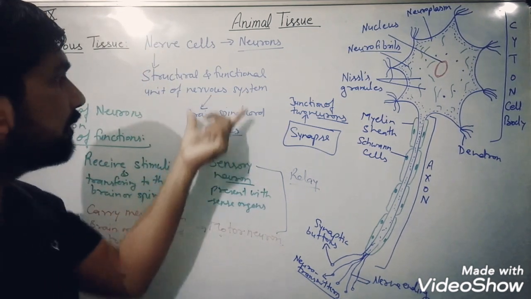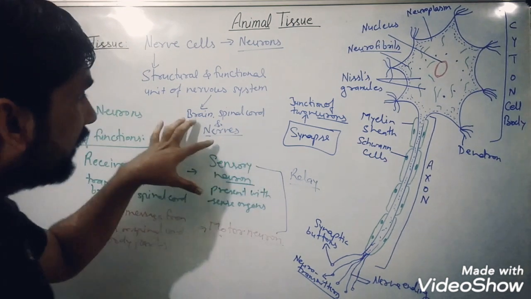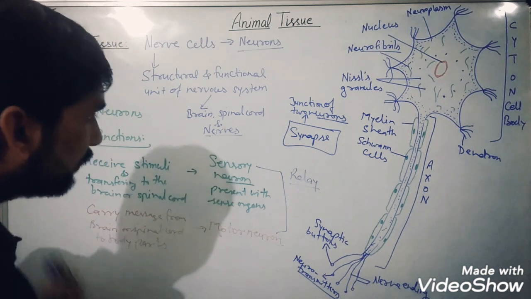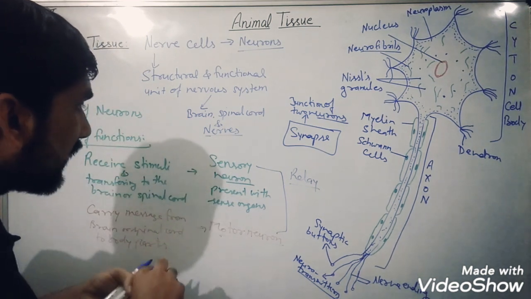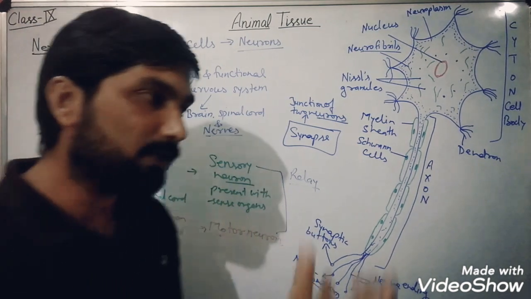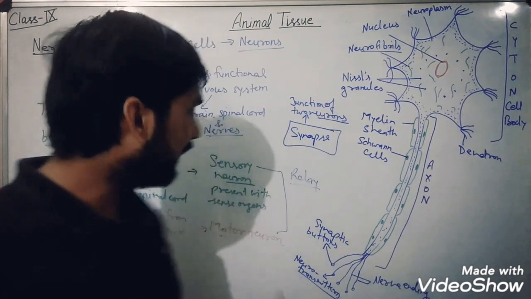The nervous system is made up of the brain, spinal cord and nerves. On the basis of function, we observe three types of neurons. The first is the sensory neuron, which receives any stimulus from the surroundings.